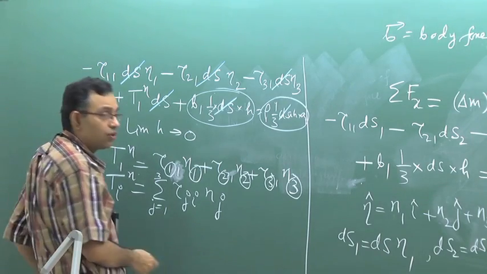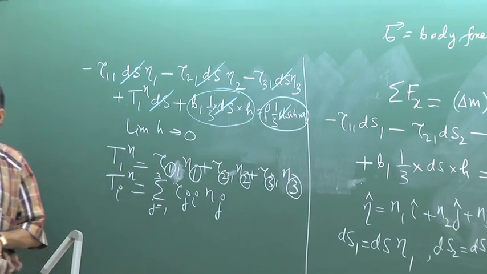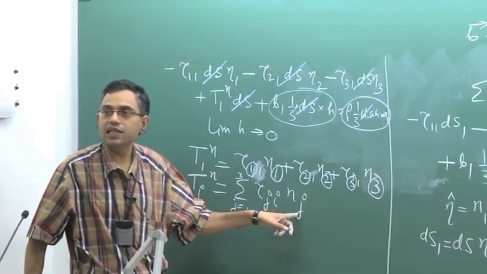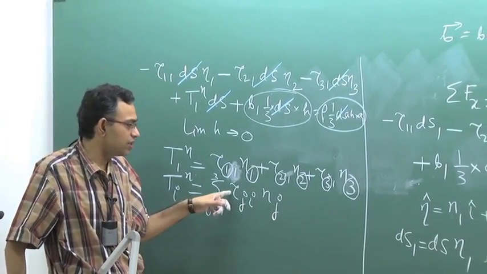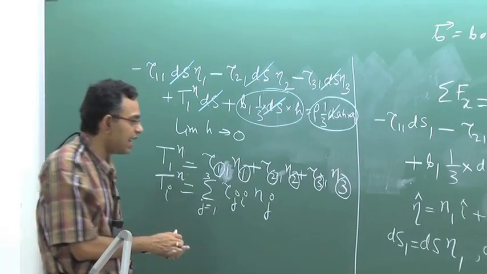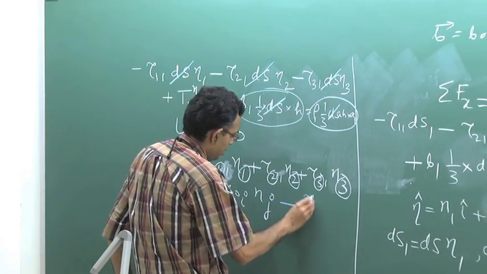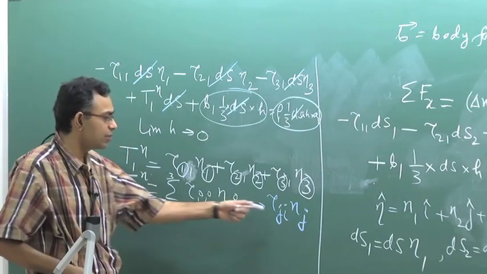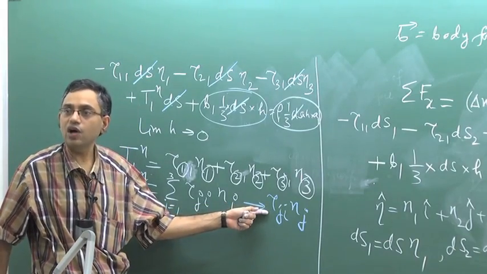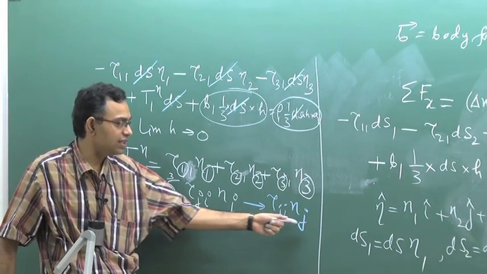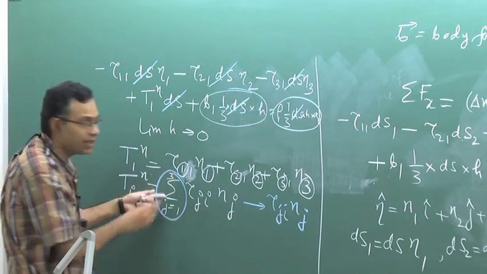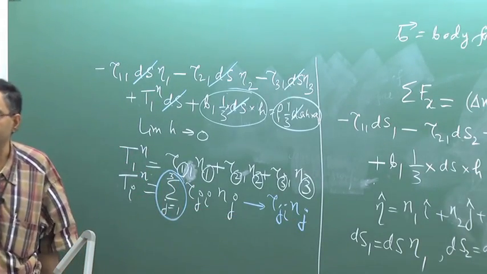Einstein introduced a notation when he said that when there is a repeated index like this, we will not use this summation, we will just write it as tau ji eta j with an invisible summation. Summation is not written, but because there is a repeated index, the notation is that we will always consider a summation over the repeated index.